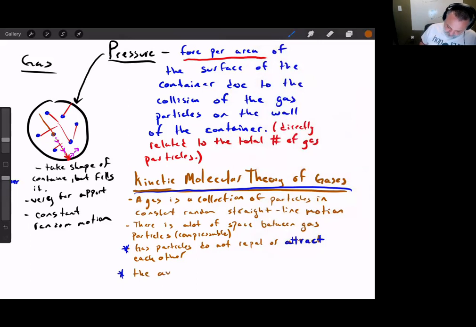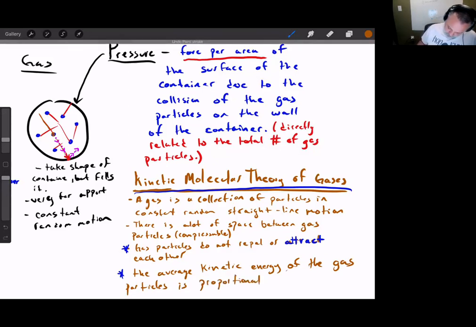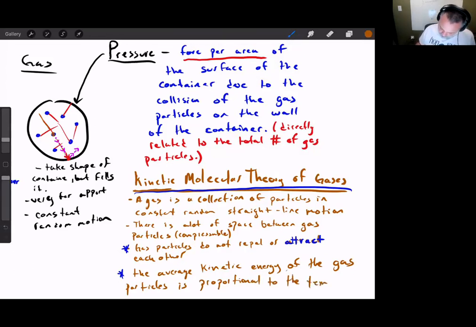The average kinetic energy of the gas particles is proportional to the temperature.